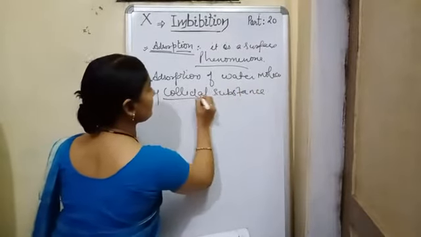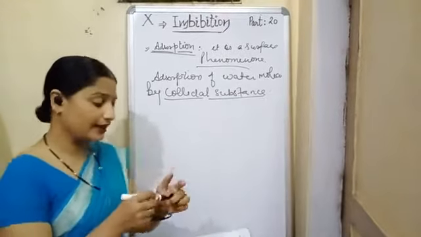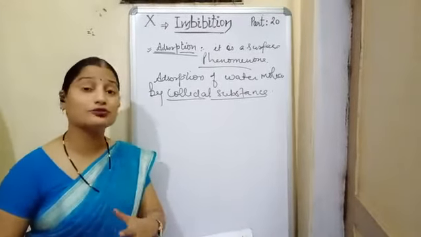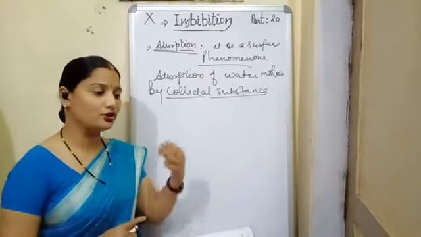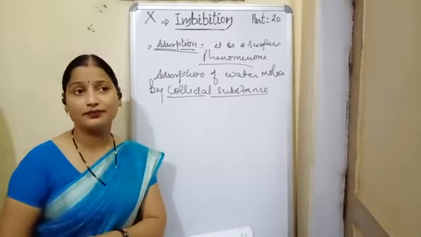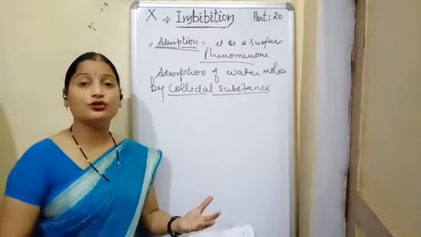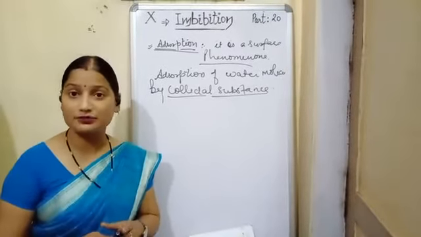Now see children, the meaning of colloidal substance. I think in your class 8th or 7th you have all read about solution, suspension and colloids. We have read that when the solutes are completely dissolved into the solvent, then it forms a solution. And when solute does not dissolve in water, then that is called a suspension.